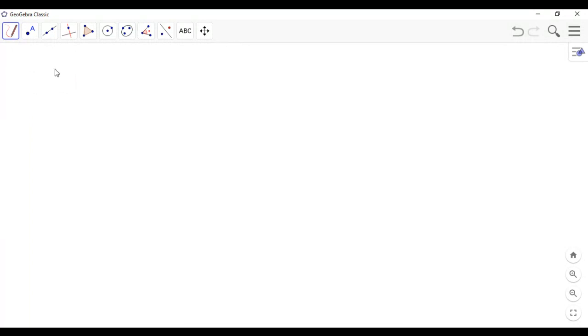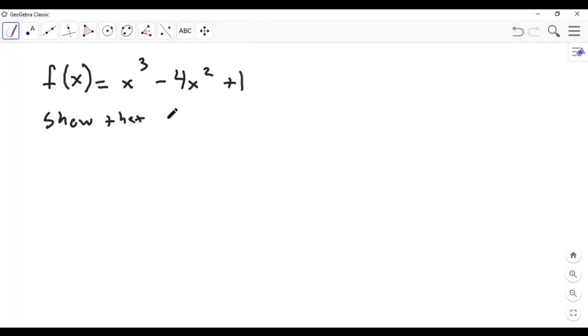The problem is f of x is equivalent to x cubed minus 4x squared plus 1. And your job is to show that f of x is equal to 10 somewhere on the interval from 1 to 5. So why don't you go ahead and work through that?